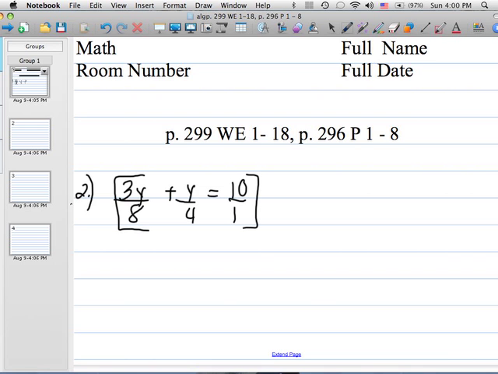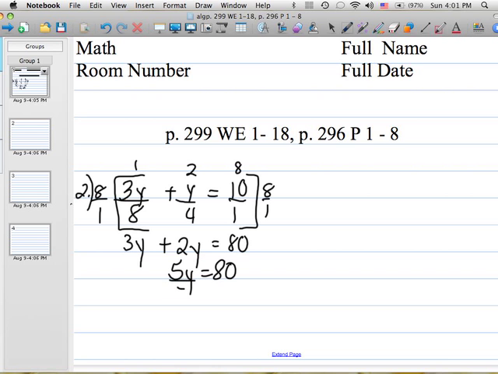The least common denominator for 8 and 4 would be 8. 8 goes into 8 once, so 1 times 3y is 3y. 4 goes into 8 twice, so 2 times a positive y is 2y. And 1 goes into 8 eight times, and 8 times 10 is 80. Collecting like terms, I get 5y equals 80. Divide by 5, and y equals 16.